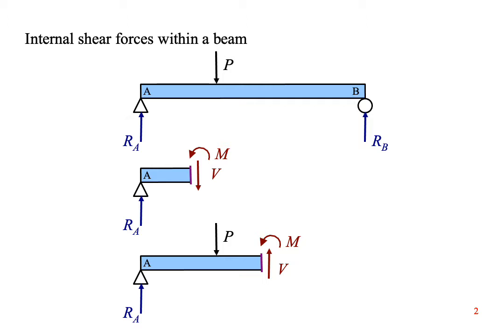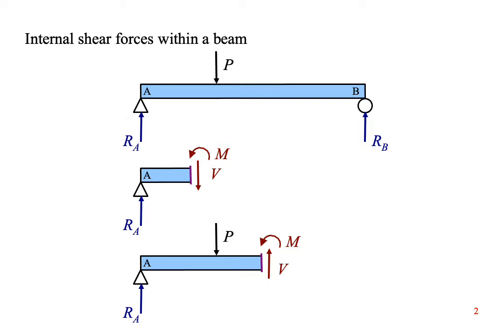If we slice the beam to the right of the point load, we'll still have an internal vertical shear force and an internal moment. The signs might change, but the beam is still resisting the applied loads by developing internal forces and moments. We can graph the internal shear loads and moments to see where the values are the greatest.